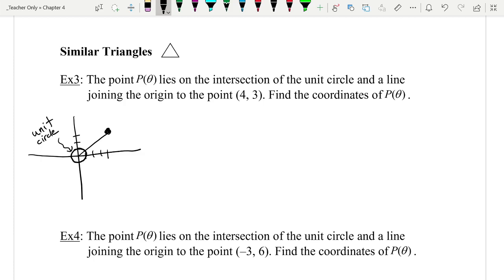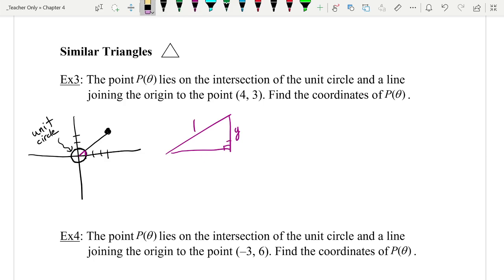So basically, what I want you to think about, let's blow that up a bit, is in here, if I just take the part of it that goes to the unit circle, that purple triangle, which I'll blow up here, that purple triangle has a radius of 1 and some y value here and some x value here.